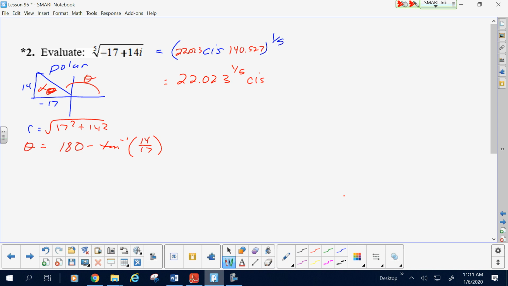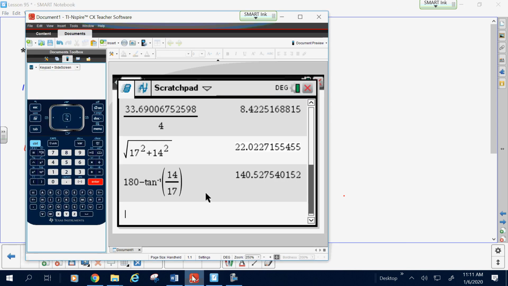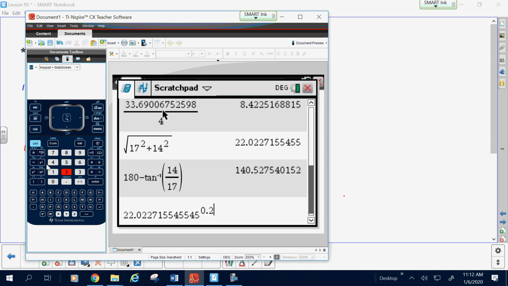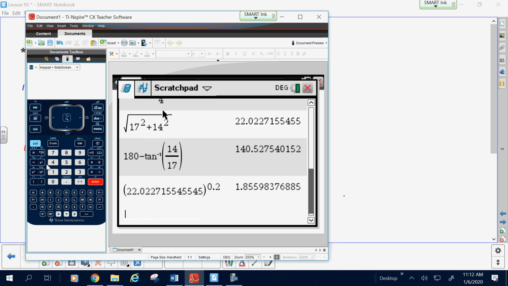Divide it by 5. Do that by recalling an answer. Do not use rounded numbers. Recall the answer and then support 1.8559.